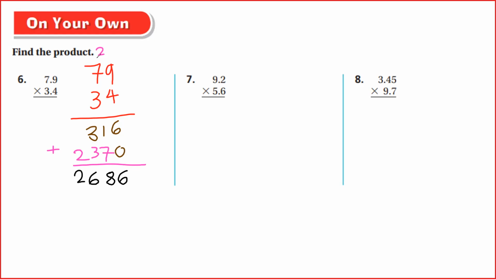Then we have to see where we have to put the decimal point. How many digits do you have, or at which place do you have to put the decimal point? 2 digits. Bravo. 1, 2. So it's 26.86. Thank you, Sarah.